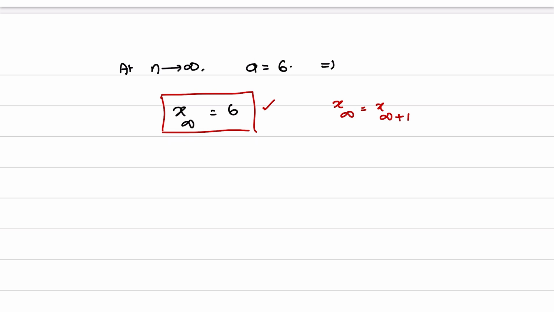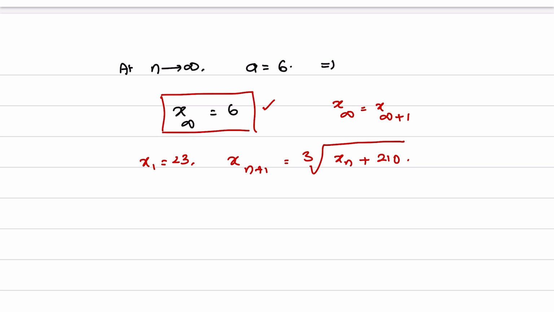This is the value of the given sequence when x1 is equal to 23 and x(n+1) is equal to the cube root of xn plus 210. If you see, when n tends to infinity, the initial value 23 lost its importance.